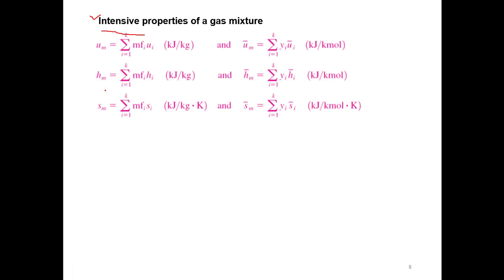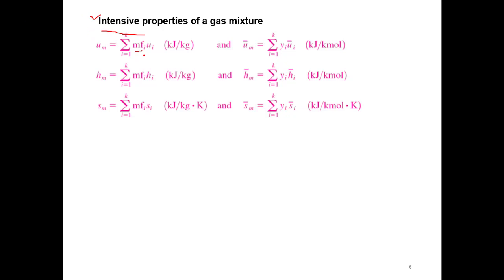Let's say how to calculate um for the mixture. You have to add up the products of the mass fraction and the property. In the mixture there could be three components. Then you first calculate the mass fraction of all the components, then multiply with the internal energy. So mf1 u1 plus mf2 u2 plus mf3 u3.